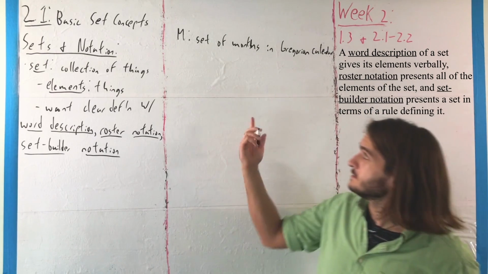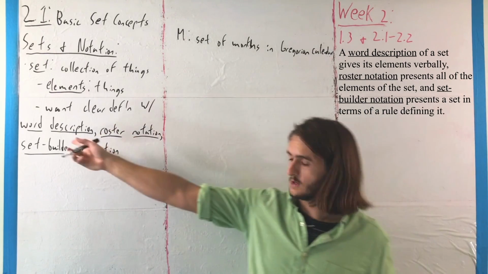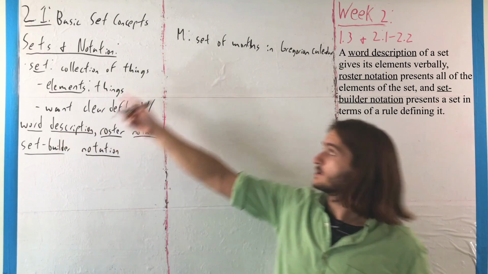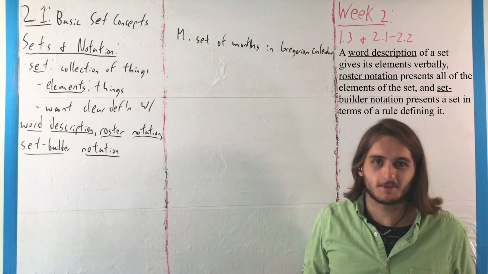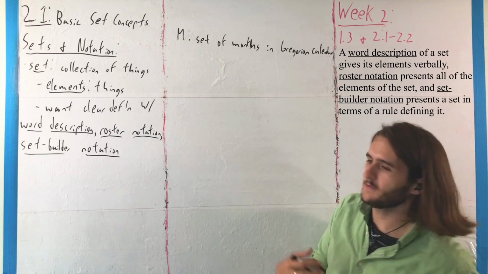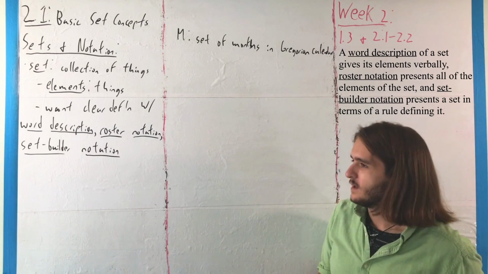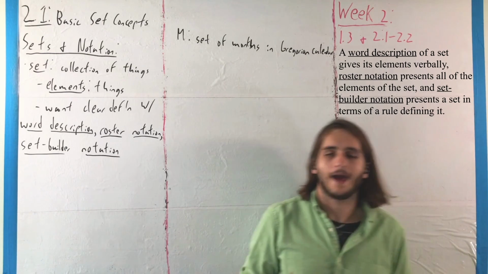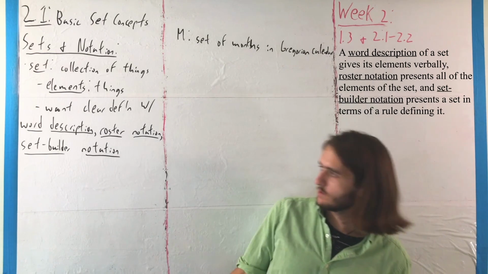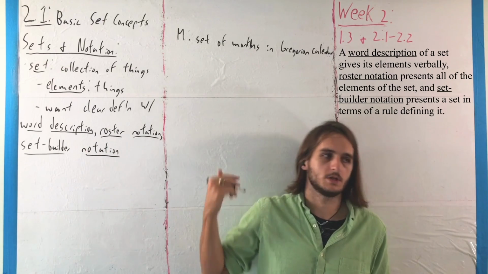Anyway, this is what we'd be talking about with a word description. We have our set M. We describe it in a sentence. That's what a word description is. Sometimes with math, we have to give things really specific and almost unnecessarily picky names just to be sure that we have that clear definition. This is one of those ones where you know precisely what a word description is once you see it.